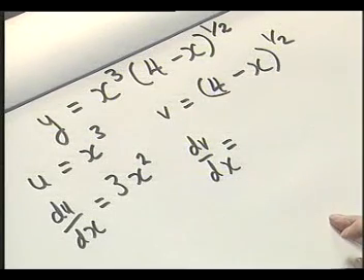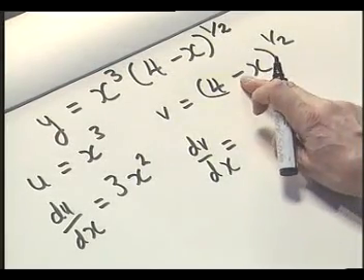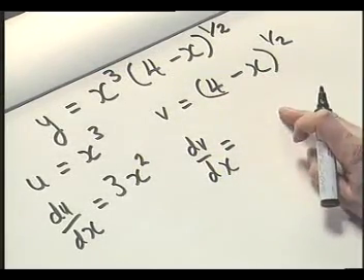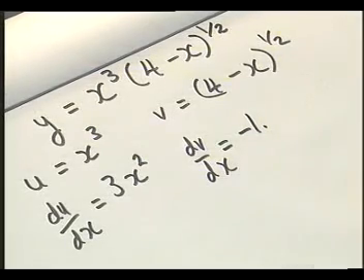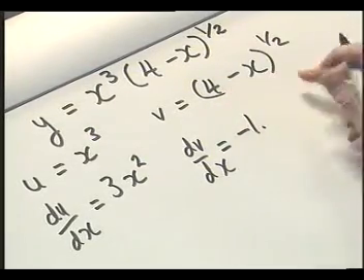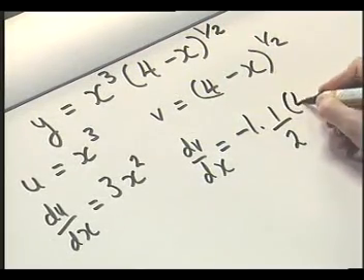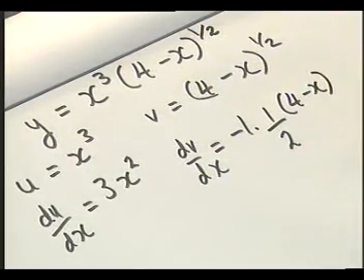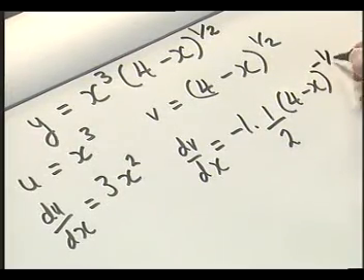Making use of our idea of function of a function, we differentiate this inside, so the derivative of minus x is minus 1. And then we must differentiate this, so we get a half times 4 minus x, and we take 1 away from a half, that gives us minus a half.